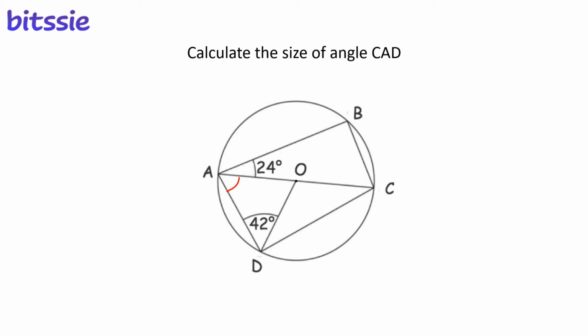So we can apply the cyclical quadrilateral rule, and you may have also noticed that the line AC is a diameter of the circle, meaning we've got two semicircles. So we can apply the semicircle rule twice as well, which means that this angle ABC is 90 degrees, as well as this angle ADC.